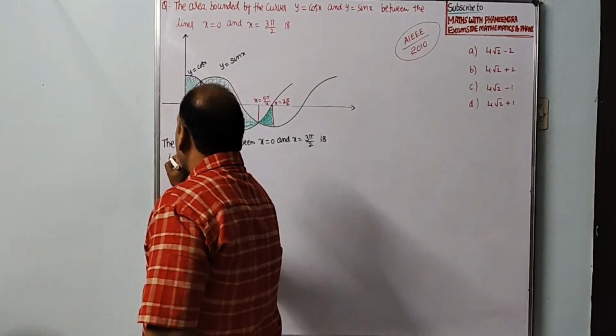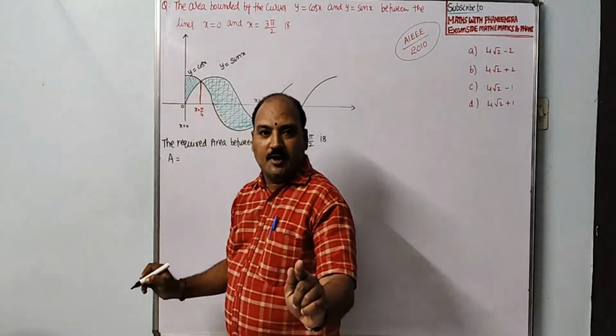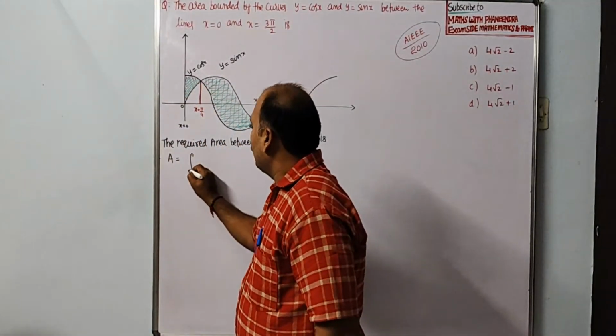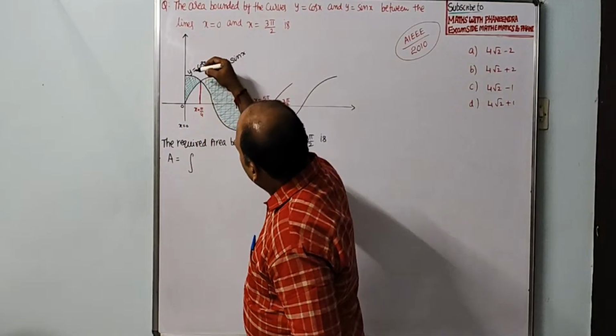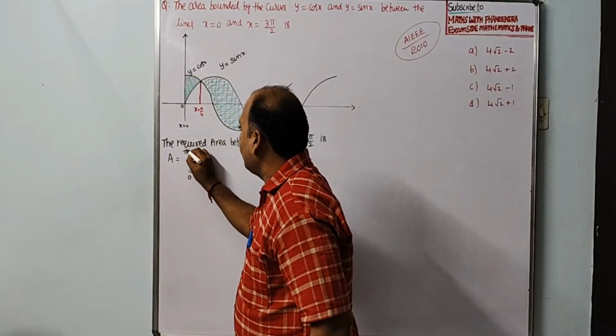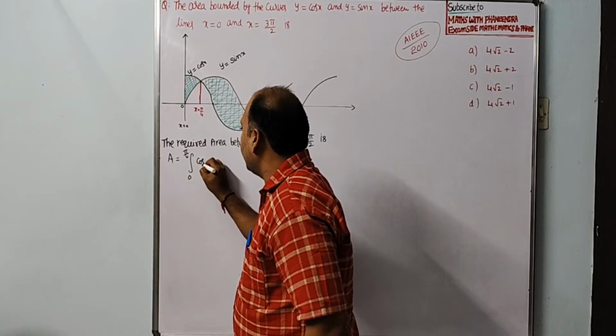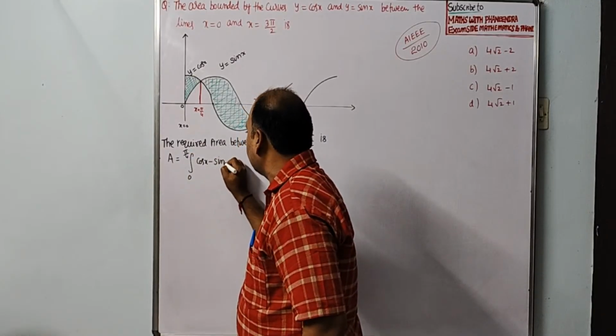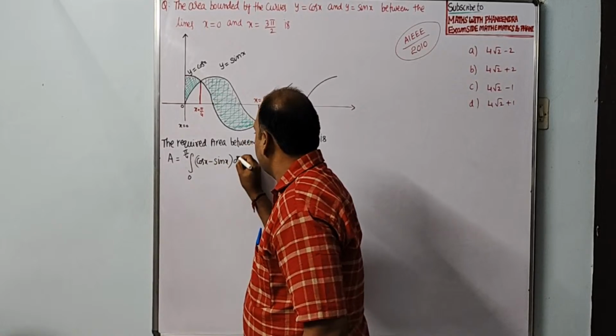is A equal to, observe carefully dear students, from 0 to pi by 4, (cos x squared minus sin x squared), 0 to pi by 4, (cos x minus sin x) dx.